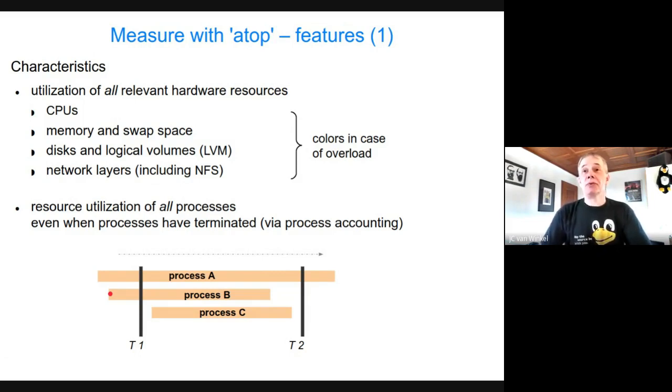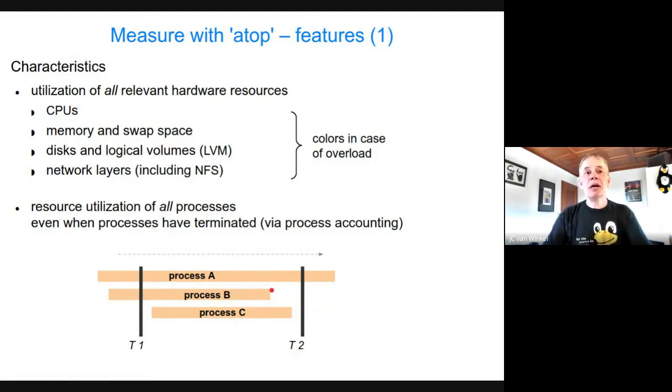So there's nothing to tell, except Atop keeps process accounting, which means that it reads the records that the kernel has written, and it knows that process B has ended at this point and that it has used so many resources in the time frame T1 up to the moment that it ended.